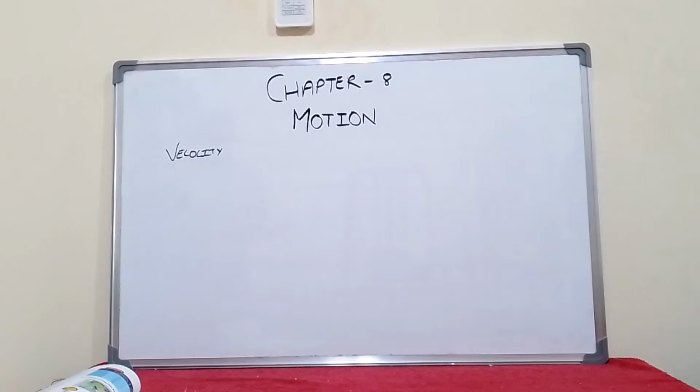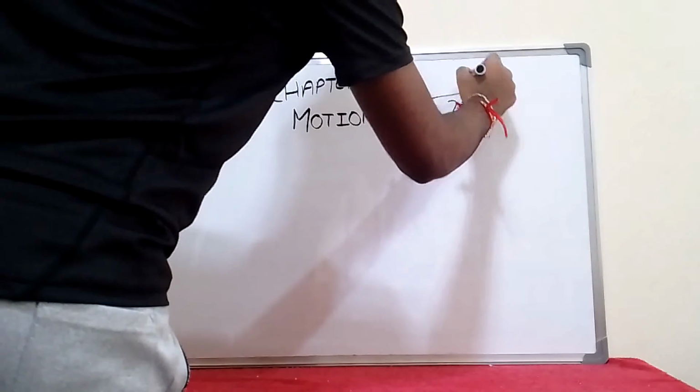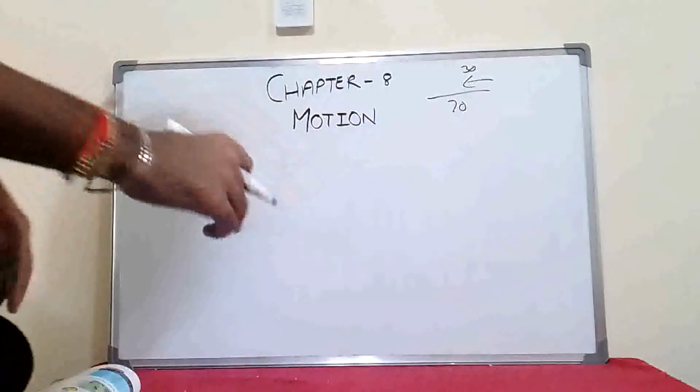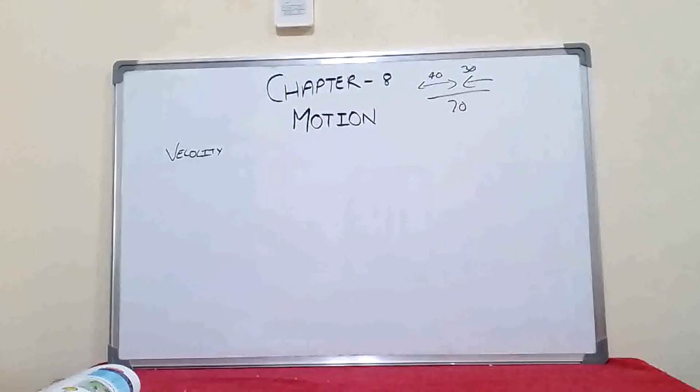But as I have told, displacement can come here. For example, you went for 70 kilometers and you came back for 30 kilometers. So the displacement will just be 40 kilometers. If you displace 40 kilometers in 5 hours, it will be 8 kilometers per hour towards the right.